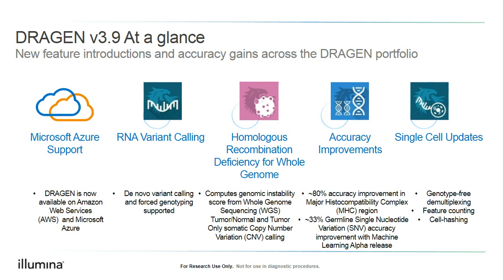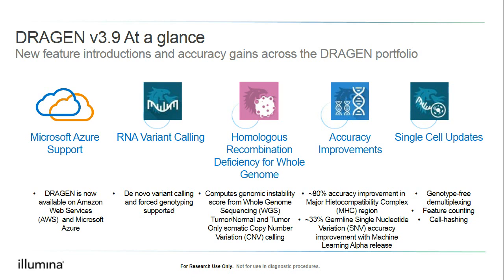As we are expanding our portfolio in the somatic space and have introduced some biomarkers in the previous releases, in this release, we are also excited to bring in the HRD biomarker for whole genome samples. As we do with most of our releases, we are always looking to improve the accuracy of our existing pipelines.